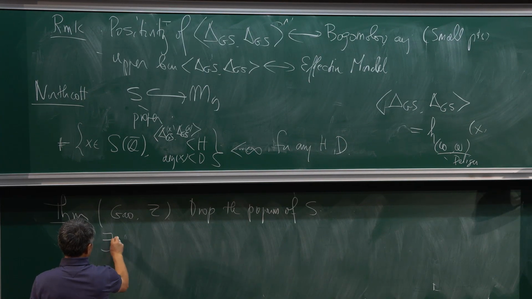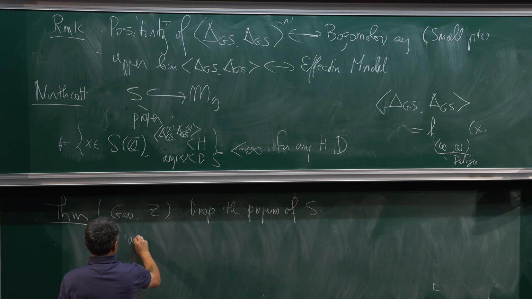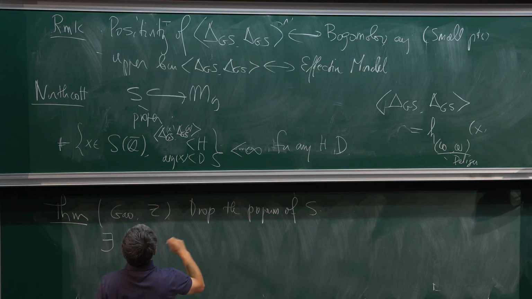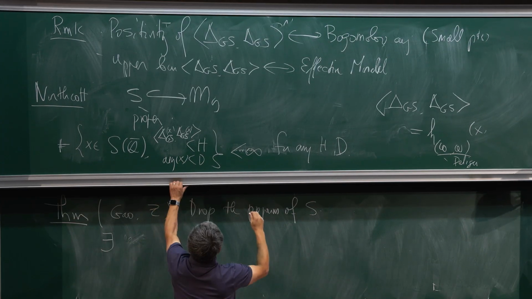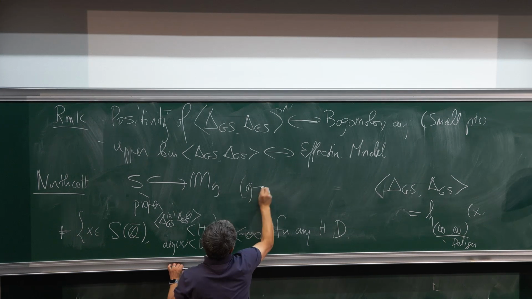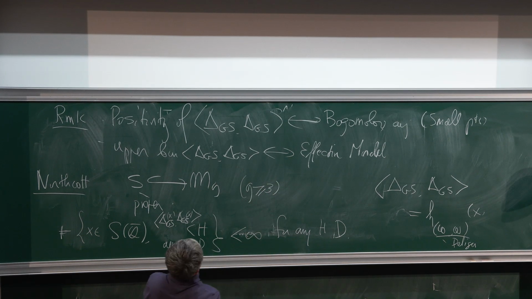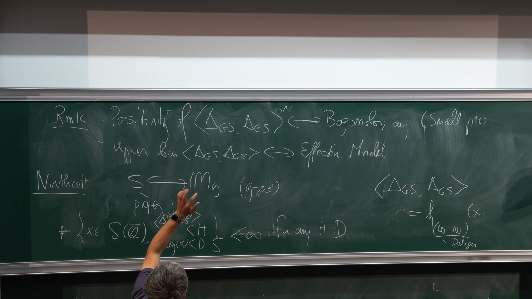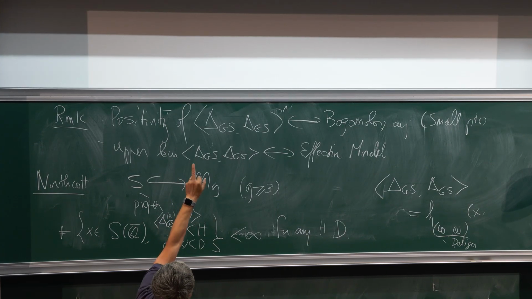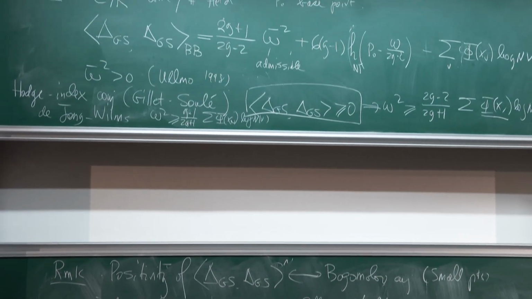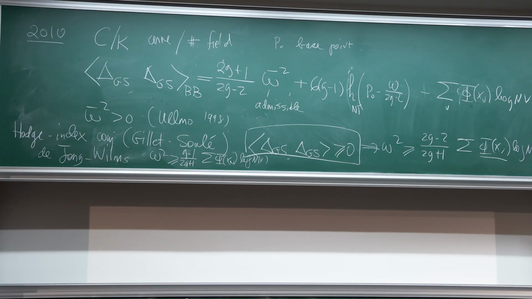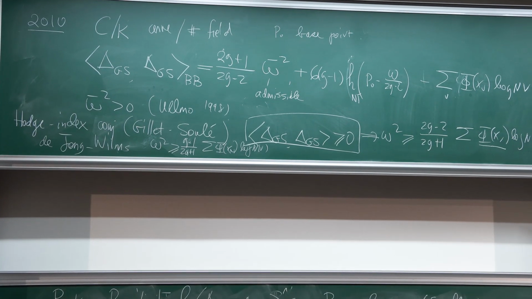There exist, for g, of course. One thing is very important: g is always greater than 3. g equals 2, okay, I'm sorry. Let me see what happens in g equals 2. That formula still works.